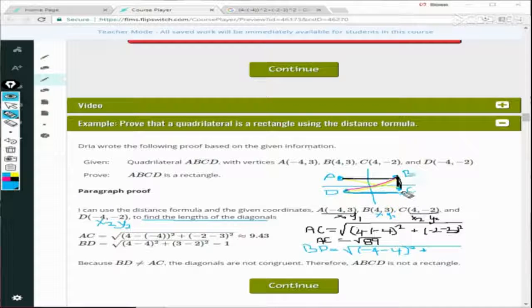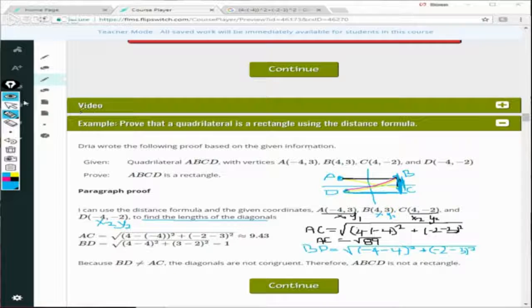now I want our vertical distance right here. So that is using y2 minus y1. That's why we're finding that, because it's the distance. So y2 is negative 2, minus 3, quantity squared.